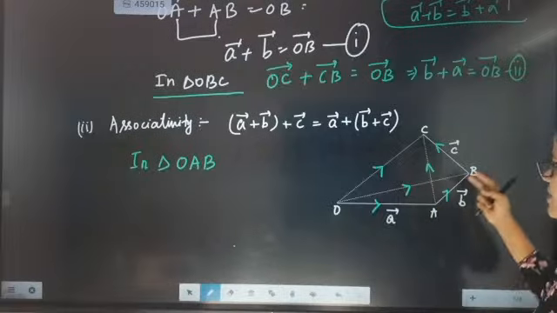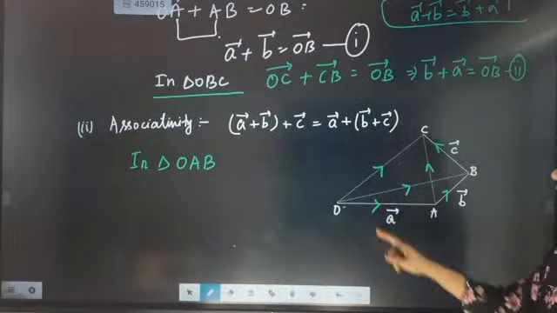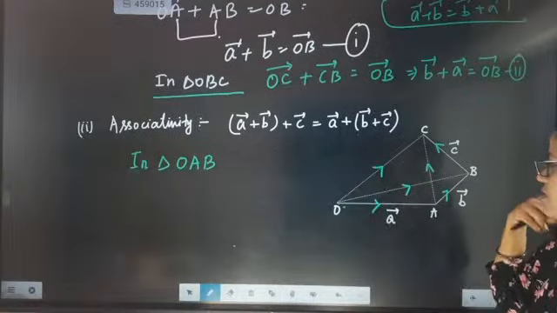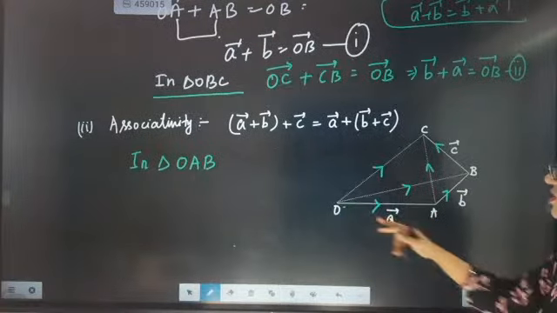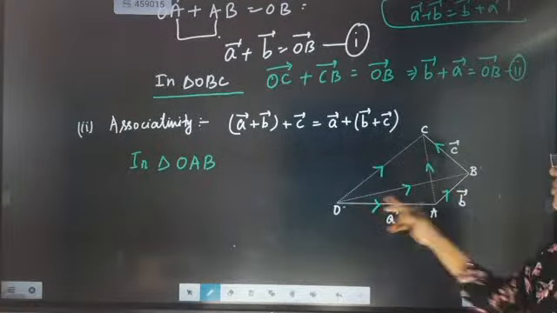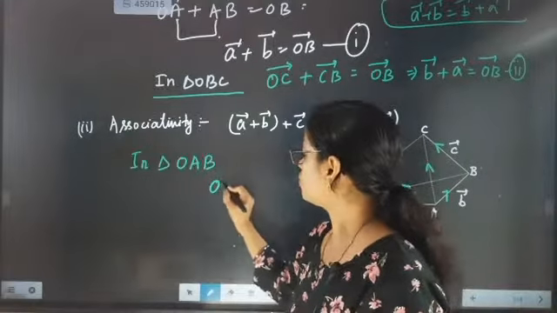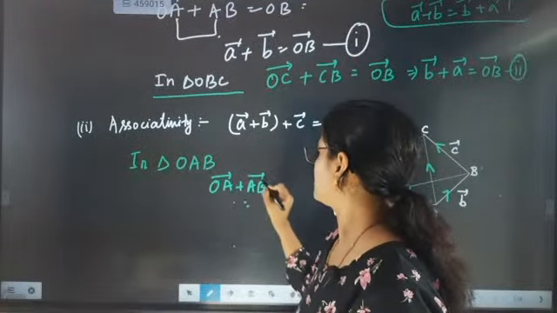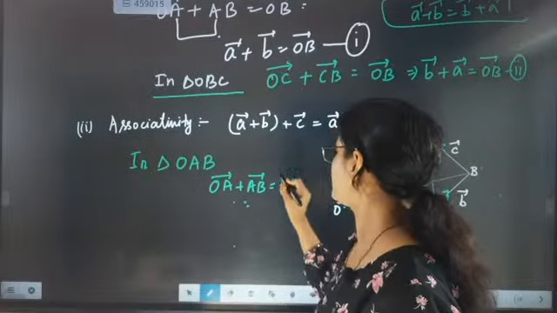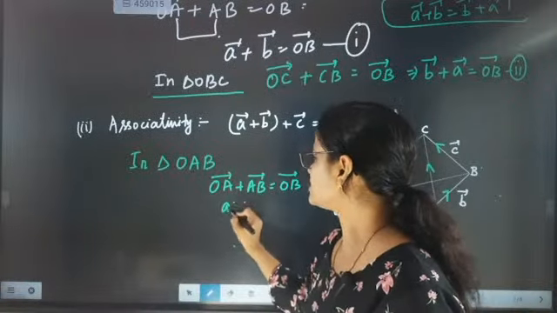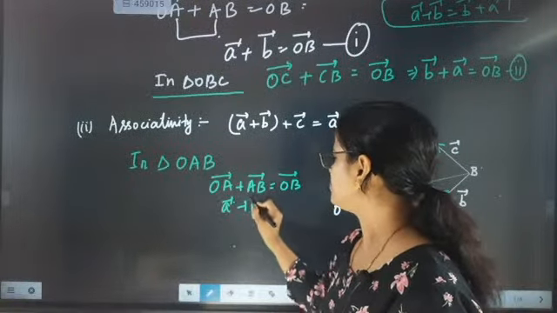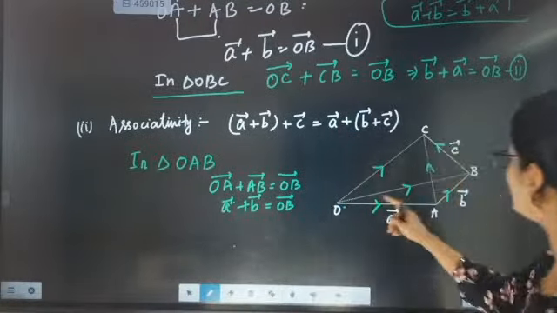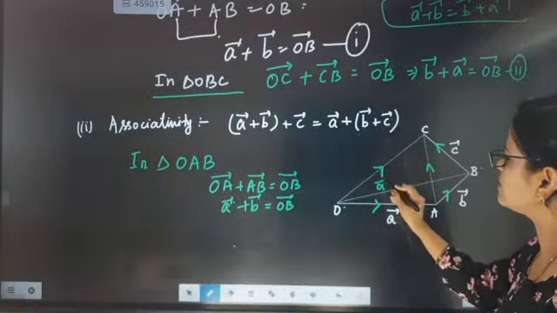Continuous arm, this is my shoulder and these are my fingers. So OA vector plus AB vector will become OB vector. That means OA is A vector, plus B vector, will become OB vector. So now OB vector is coming as A vector plus B vector.